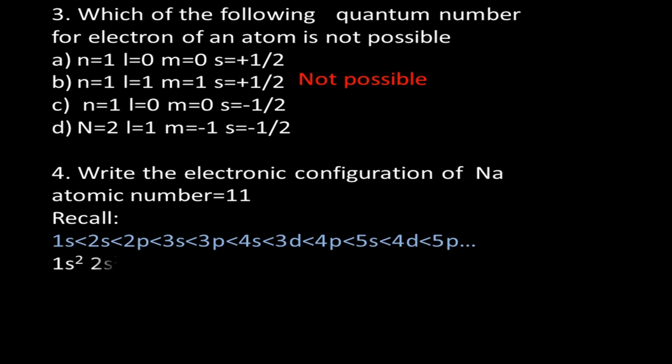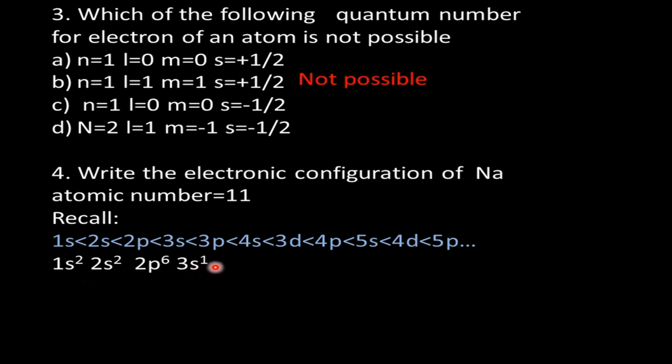We are filling in 11 electrons. So we have 1s2, 2s2, 2p6, and 3s1. The s can take in 2 electrons. The 2s can take in 2 electrons because it only has 1 orbital. The p has 3 orbitals, and each orbital takes in 2, that is 6. So you have 2 plus 2, 4 plus 6, 10.